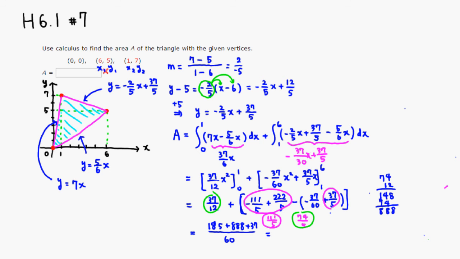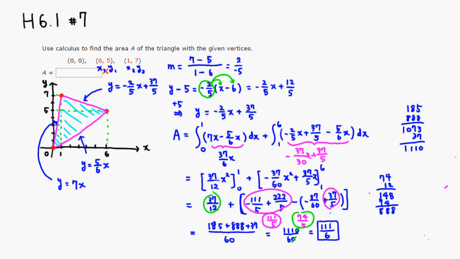So what's this? 185 plus 888, 13 and 701, and you have to add 37. So you have 1,110 over 60. Then you can obviously get rid of 0. So you get 111 over 6.